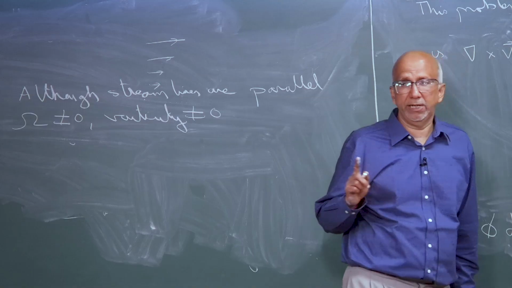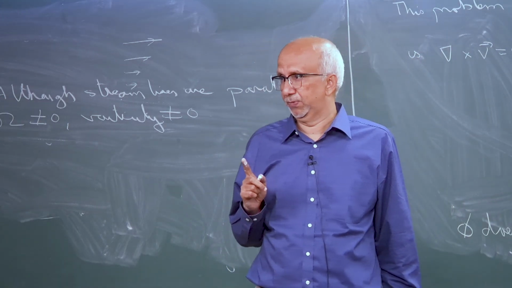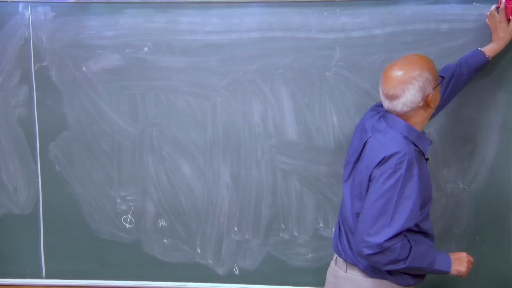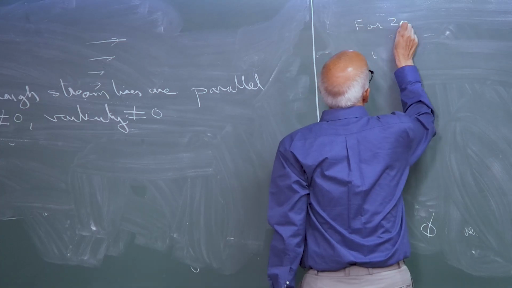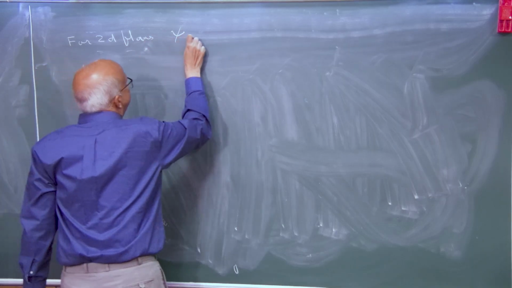That is the reason I kept saying, if phi exists, phi will exist only if it is irrotational, not for rotational. So, what I want to summarize is, for 2D flows, psi exists.